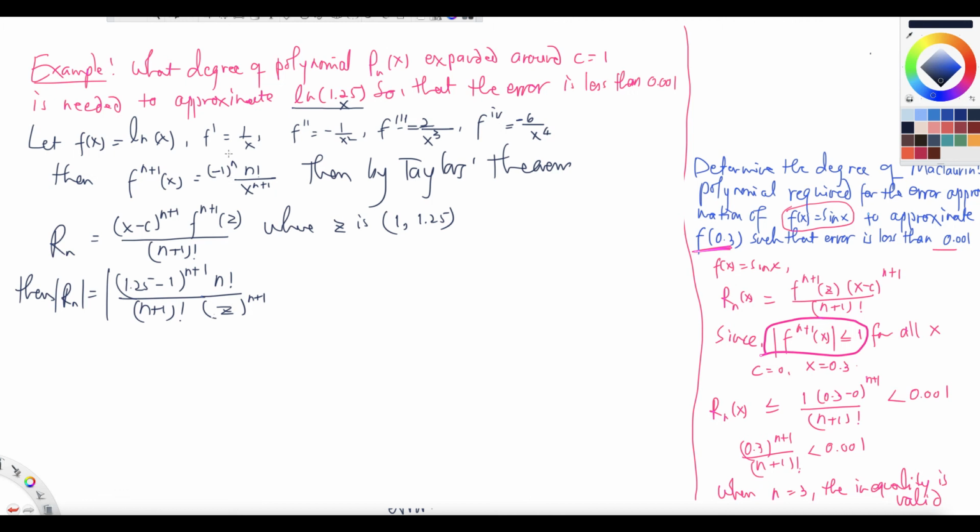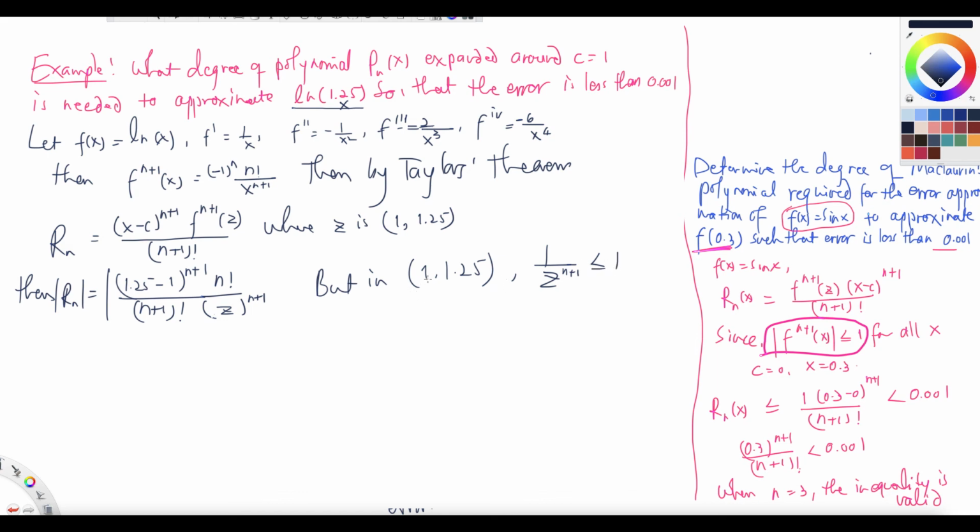Now, how much is 1 over g to the n plus 1? In the interval 1 to 1.25, 1 over g to the n plus 1 is less than or equal to 1.